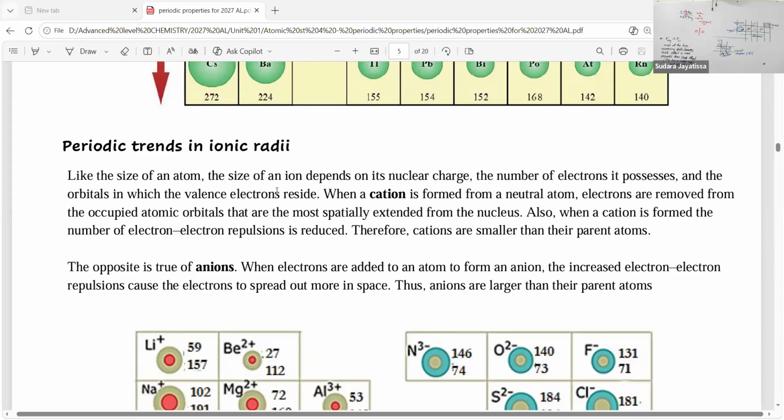Nuclear charge, number of electrons, and the orbitals in which the valence electrons reside.